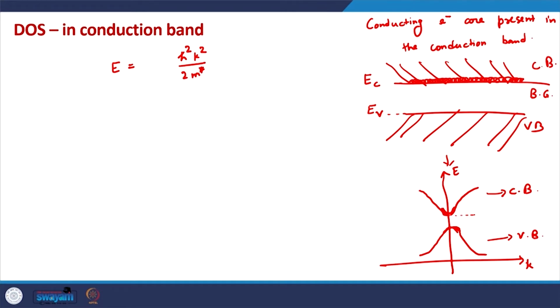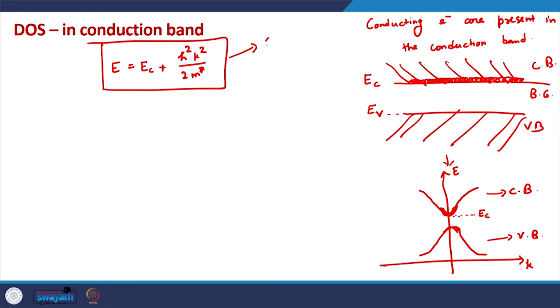But if the bottom of the conduction band has reference energy value EC, the EK relationship for electrons at the bottom of the conduction band would be E equals EC plus h bar square k square divided by 2m star. So, we need to add this reference value in the EK relationship.